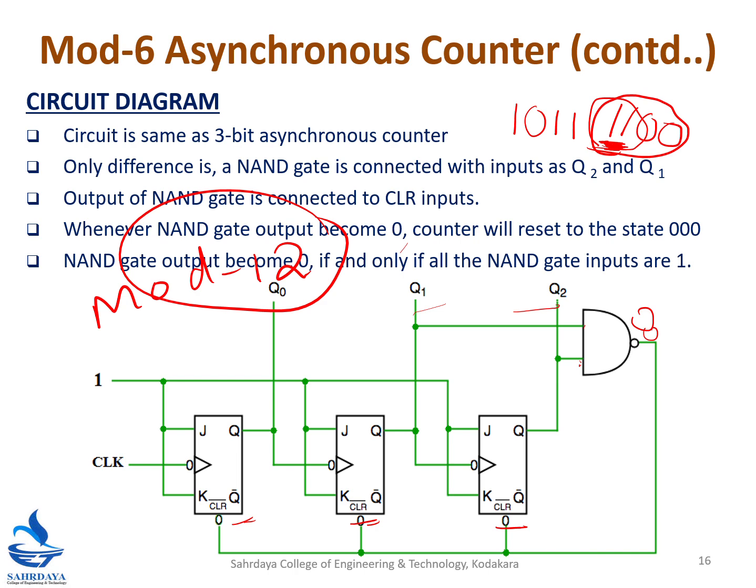So in the case of a mod 12 counter, we need to use 4 flip-flops and a NAND gate. To the NAND gate, the inputs Q3 and Q2 need to be connected. Okay, this is the mod 12 asynchronous counter. So these are all about the truncated counter. Okay. Thank you.